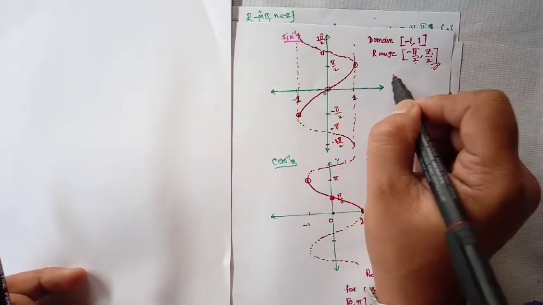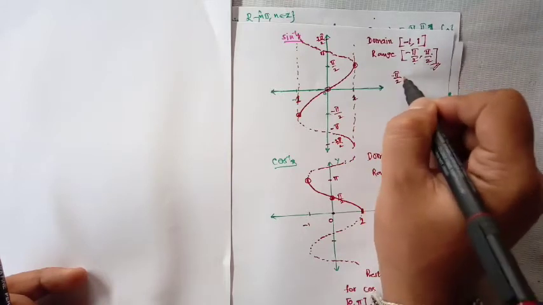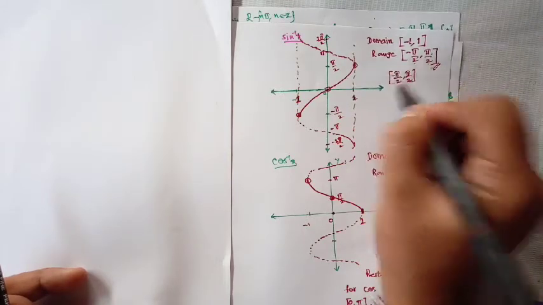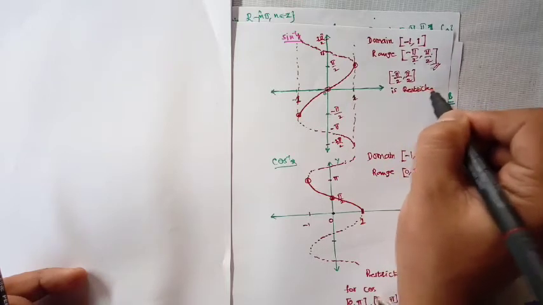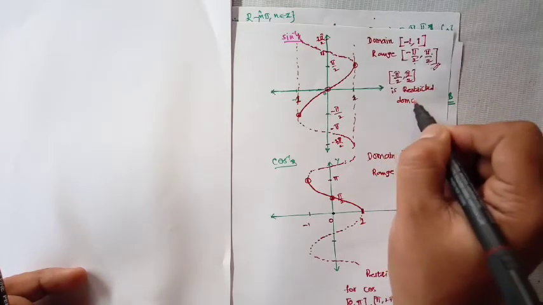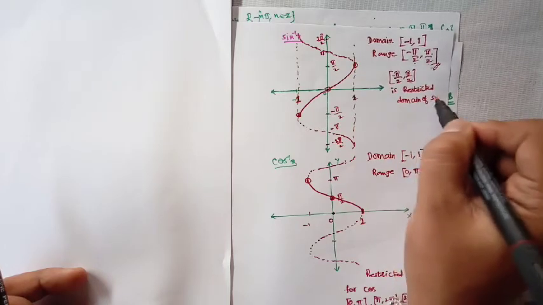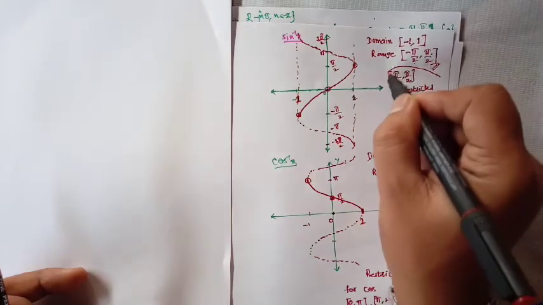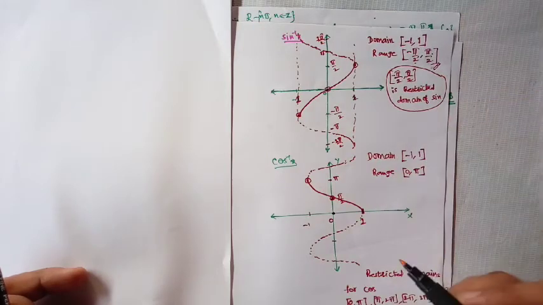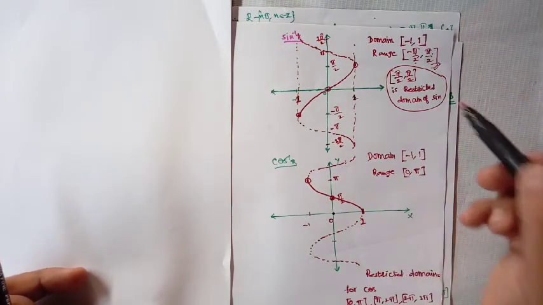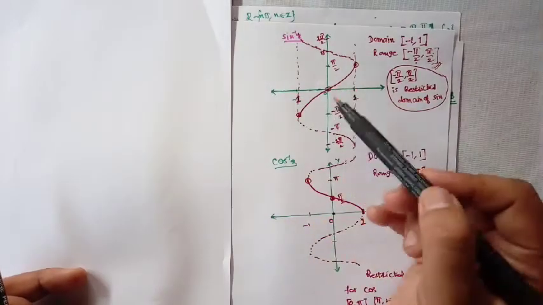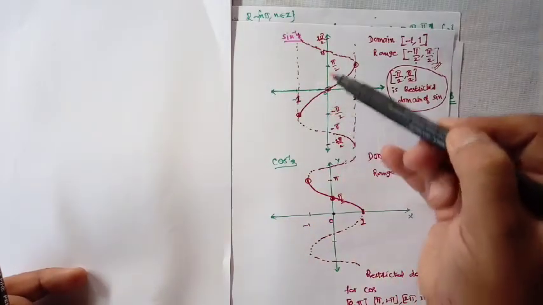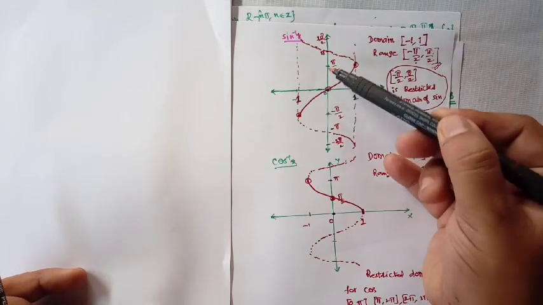So we write here, minus pi by 2 to plus pi by 2 is the restricted domain of sine. That's why -1 to +1 here, and minus pi by 2, 0, pi by 2.